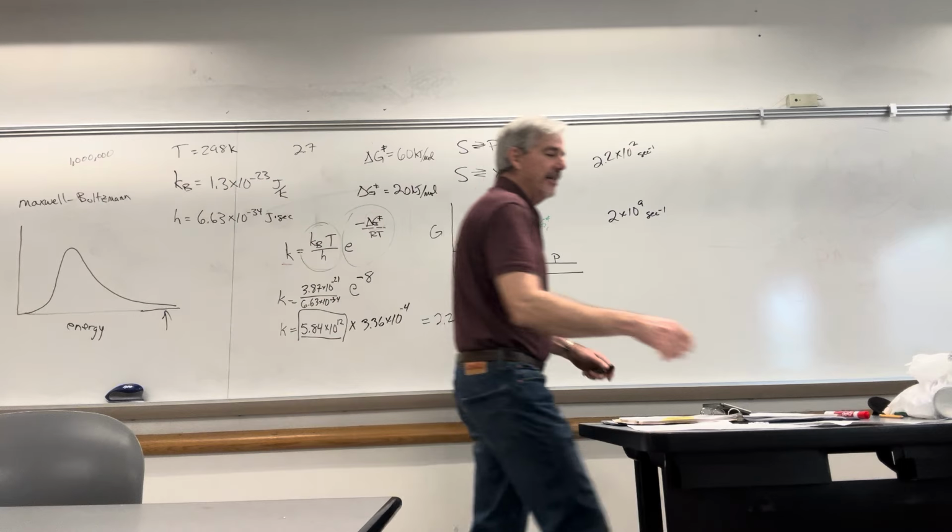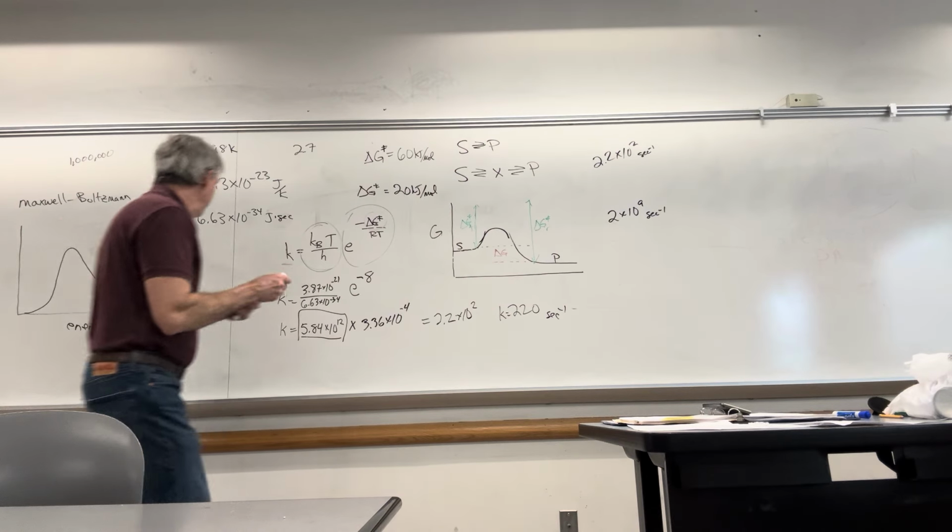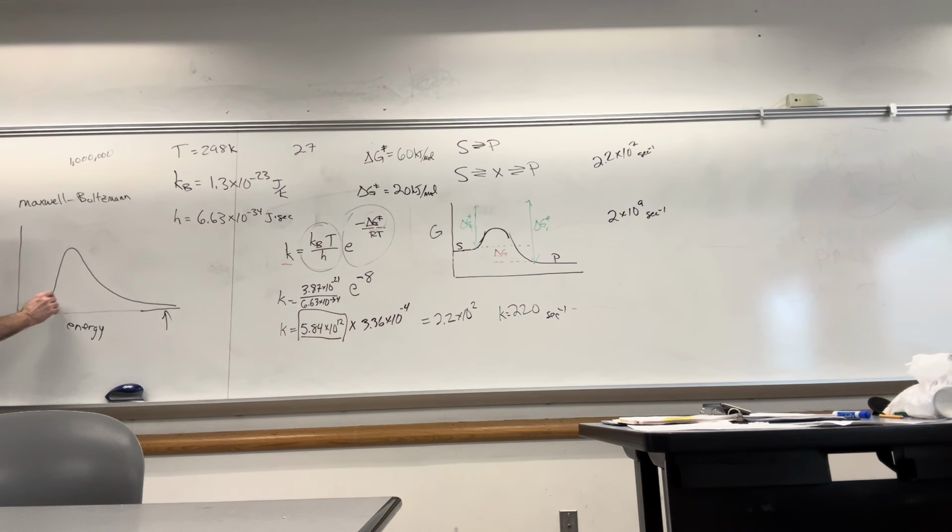So if I raised the temperature, I would get a curve that shifts up more like that, so I would have more molecules with more energy. Or what we can do, instead of making them have more energy, we can lower the activation energy.